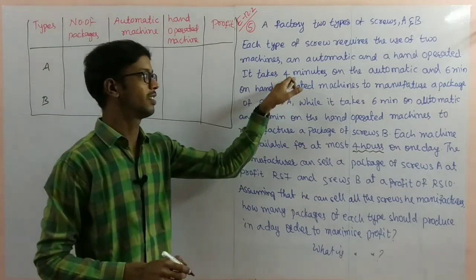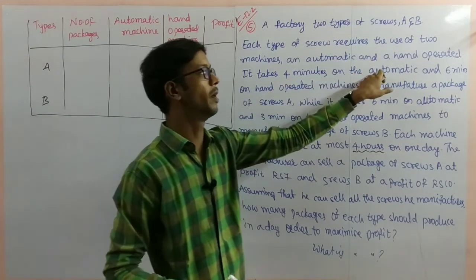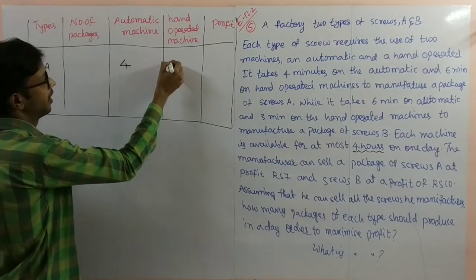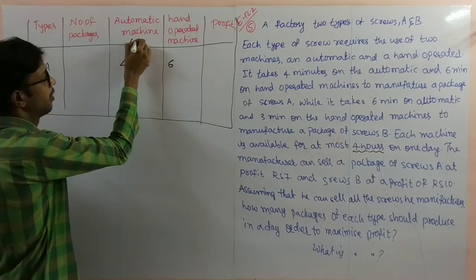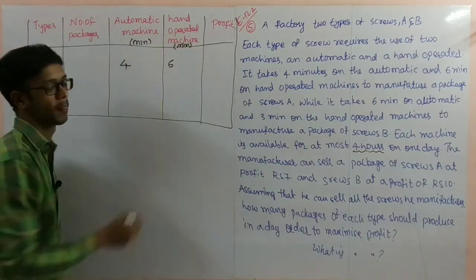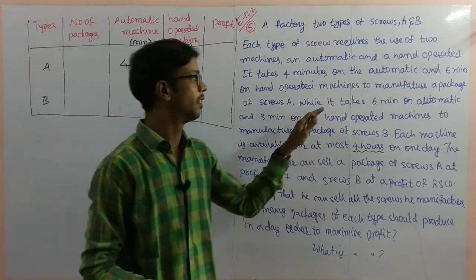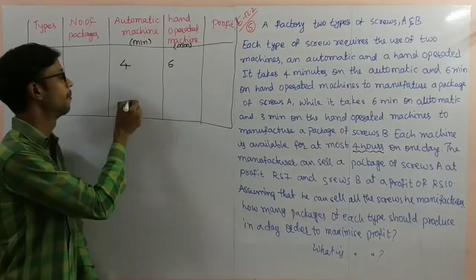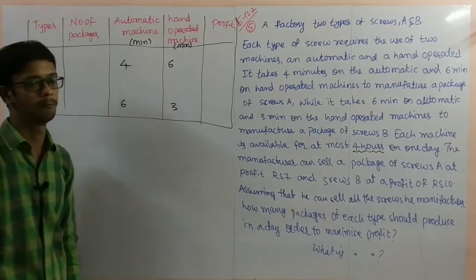Next, first A: 4 minutes on automatic, 6 minutes on hand operated. Here 4 minutes, here 6 minutes. These are in minutes. Next one, B: 6 minutes on automatic, 3 minutes on hand operated.